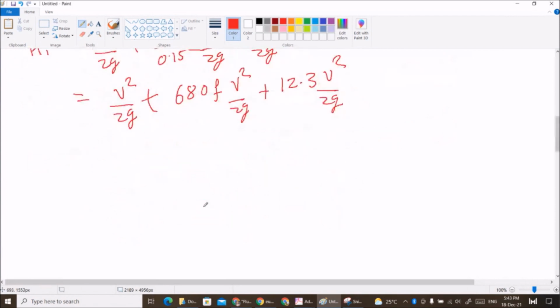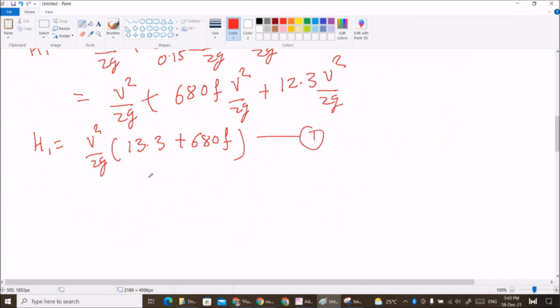Now we will take V square by 2g common. So H1 is equal to V square by 2g times 1 plus 12.3, that is 13.3, plus 680 f. So now we'll name this equation 1.